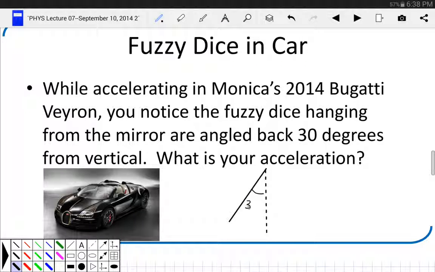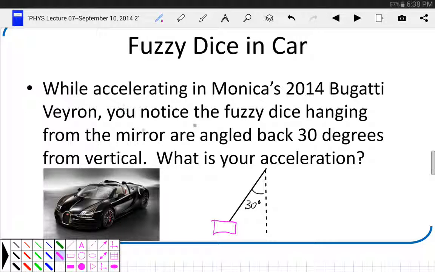This angle is 30 degrees. I have my fuzzy dice out here, one die instead of having two dice. There's my fuzzy die. And now I'm ready to do some work.